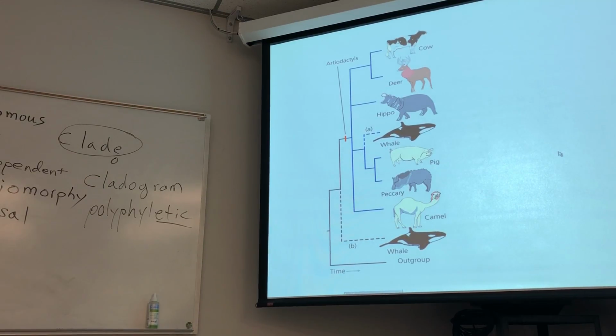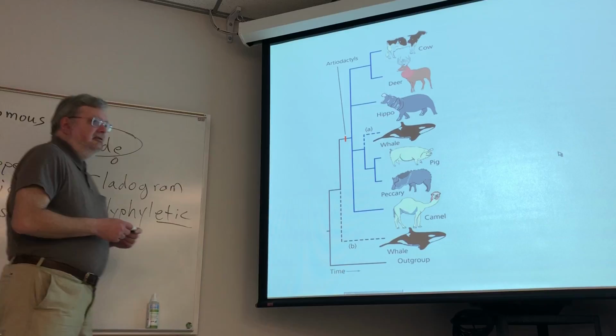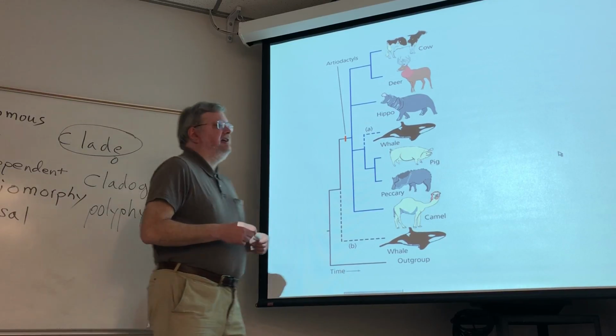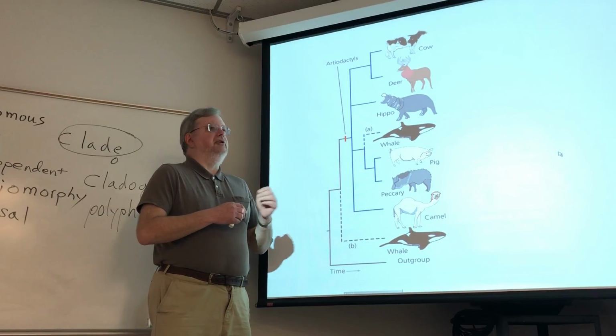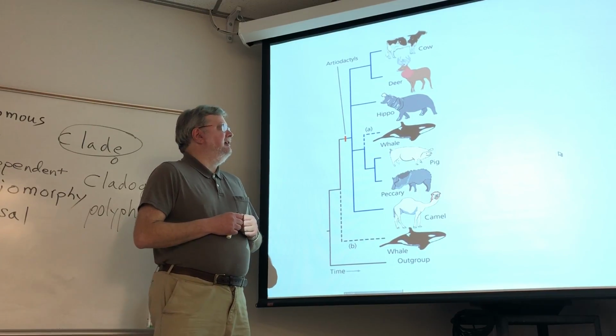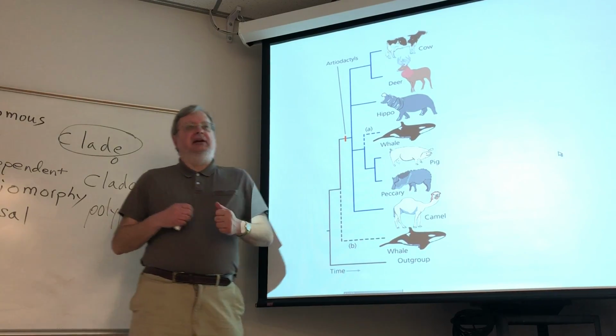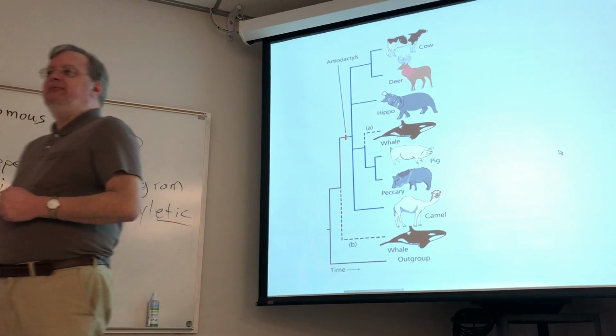So, how do we arrive then at phylogenies? Well, you take the organisms, the groups you're interested in, you arrange them according to a dichotomous branching, and you may get multiple possibilities.